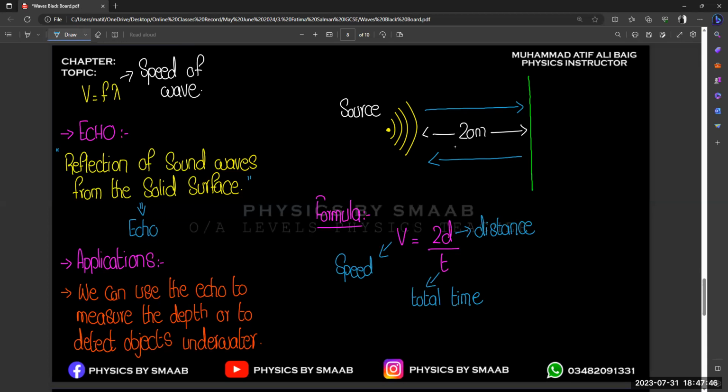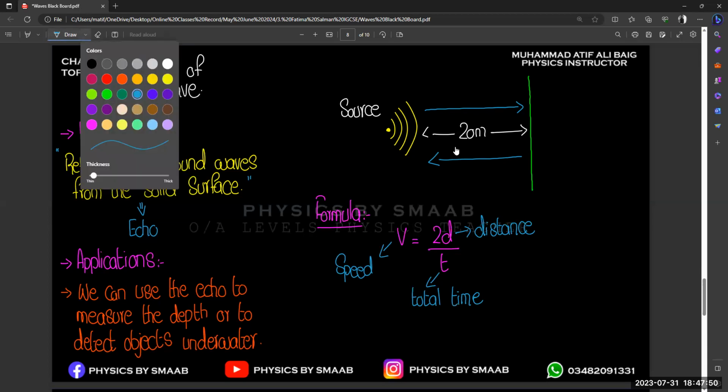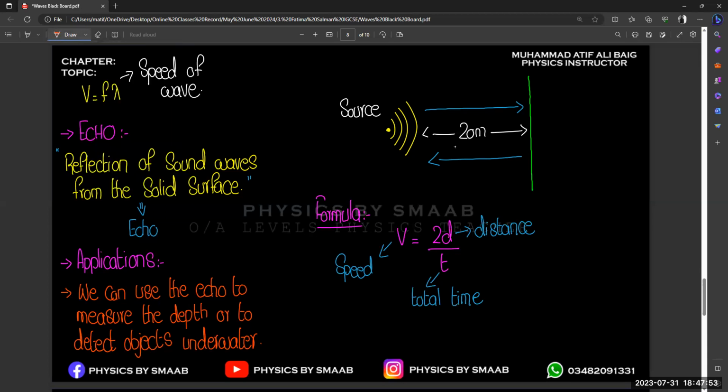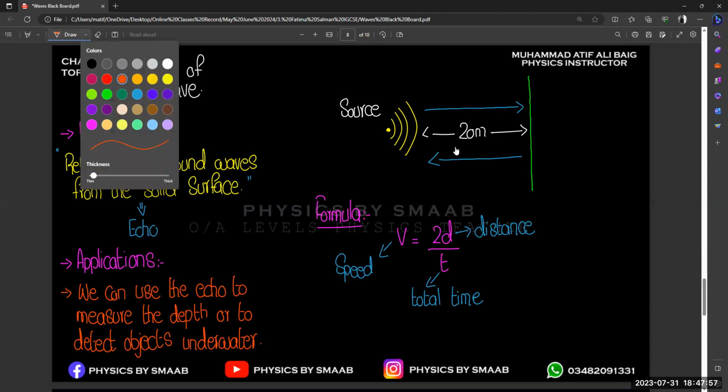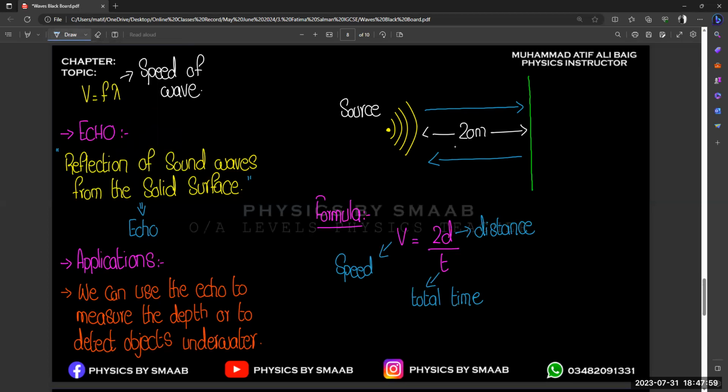So this is a general formula to calculate the echo or any unknown quantity related to the echo. This formula is especially for echo only, not for the general terms, right? This specific formula is only for echo.